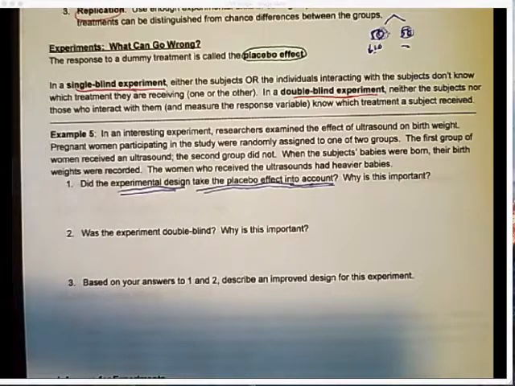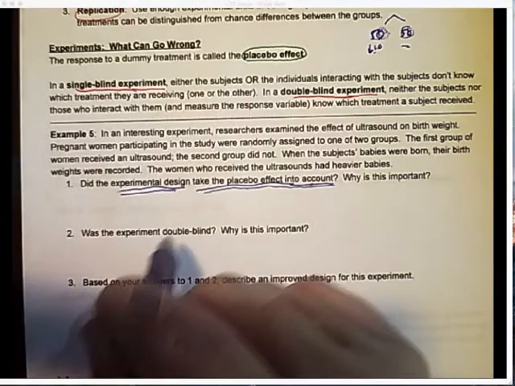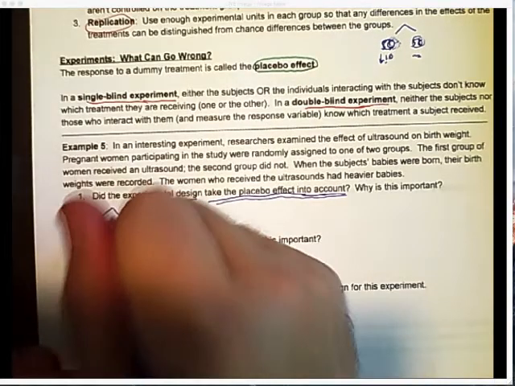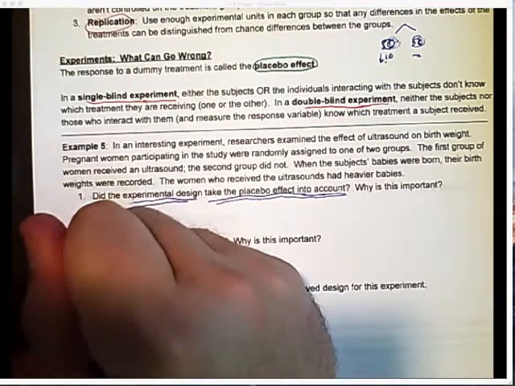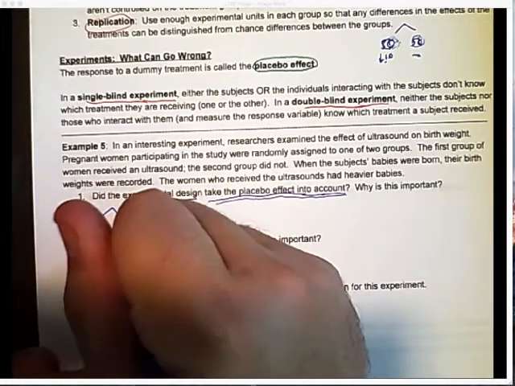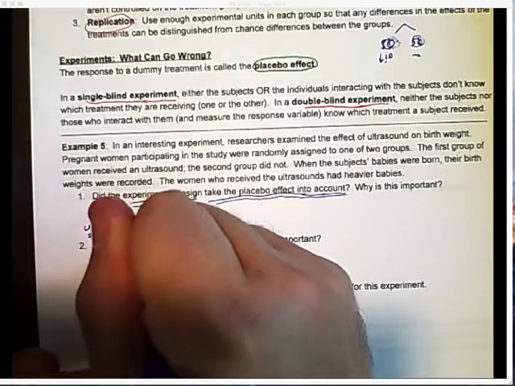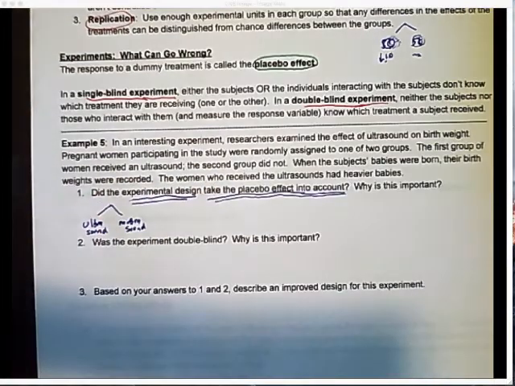So let's go back to the placebo effect. Was there a dummy treatment based on what they told us up here? Basically you had two groups. One group got an ultrasound and the other group got no ultrasound. One group got it, one group didn't.